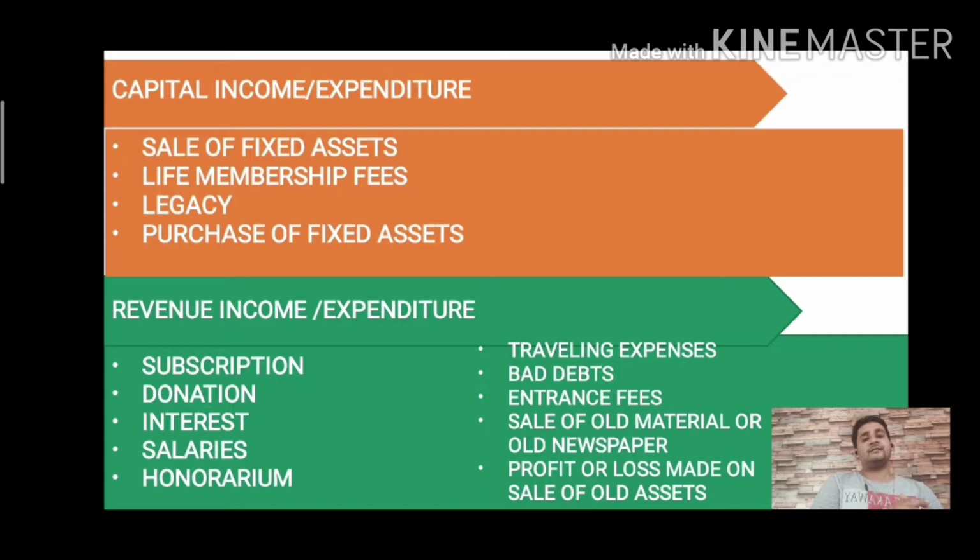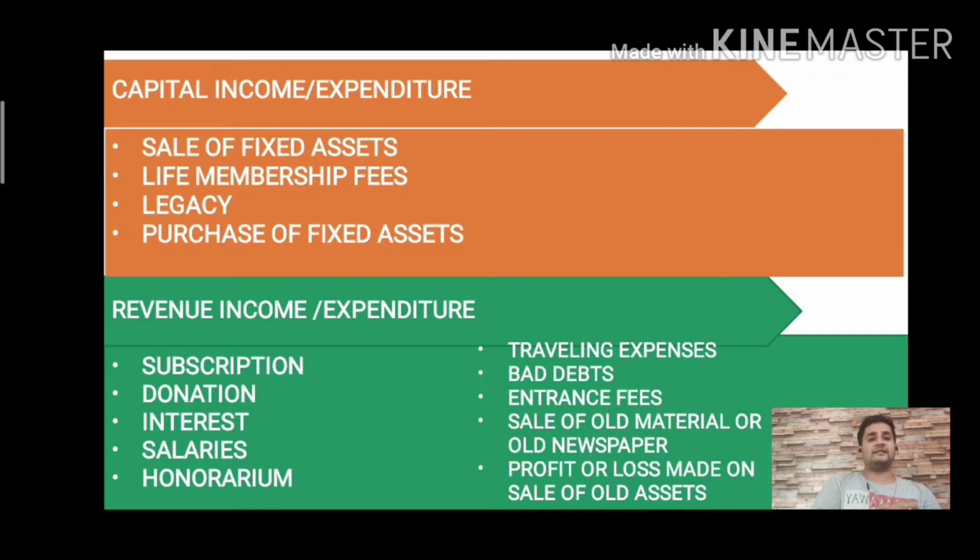If we sell fixed assets, it will be treated as capital income, and if we purchase fixed assets, it will be treated as capital expenditure. Any assets we sell or purchase, that transaction will be treated as capital income or capital expenditure.